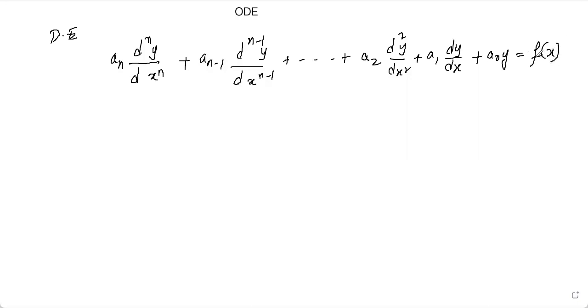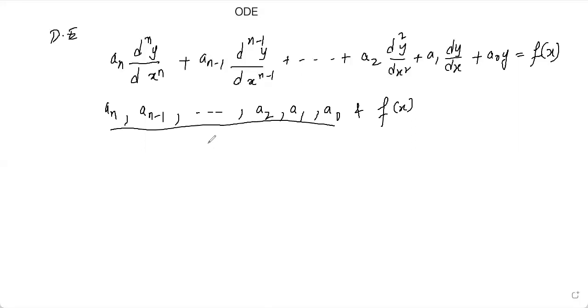Where a_(n-1), a2, a1, a naught, and f of x, these are the constants, and f of x is a function of x alone, is called a linear differential equation with constant coefficients.